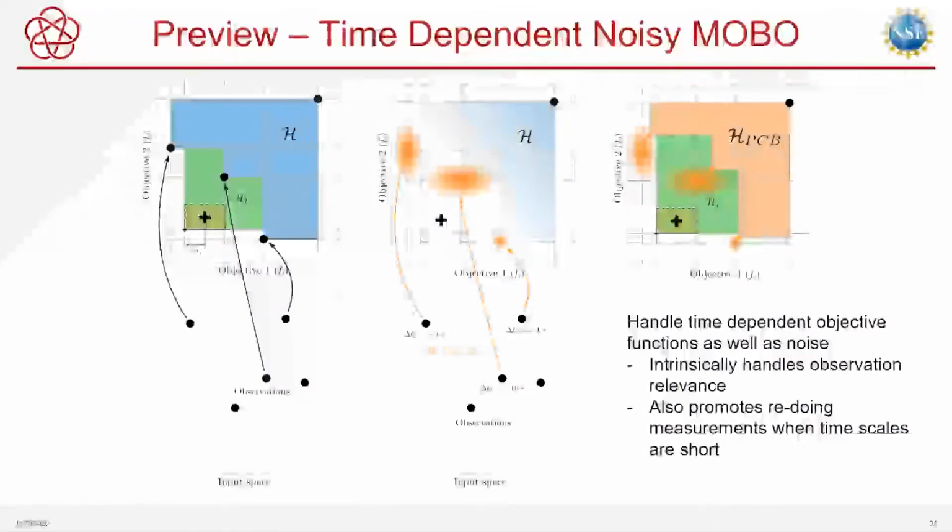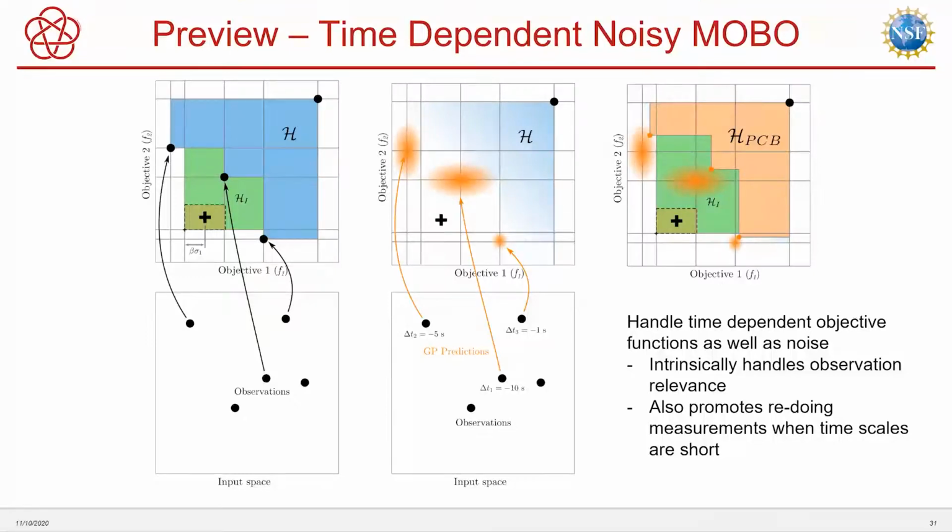The next thing that I'm also working on is taking into account time-dependent drift and noise in the multi-objective framework. As you see here on the left, our current framework uses discrete points to define where our Pareto front is, our currently measured Pareto front.